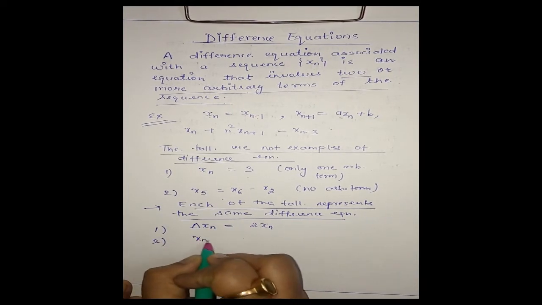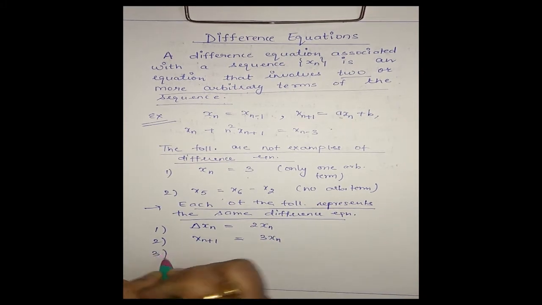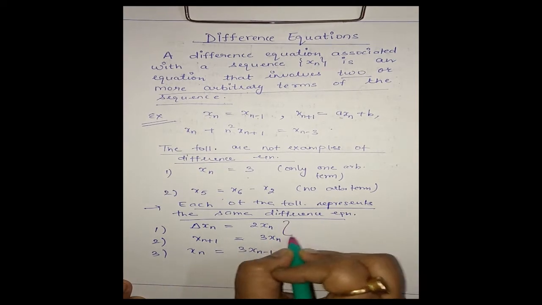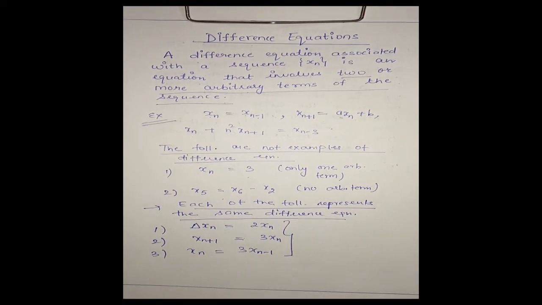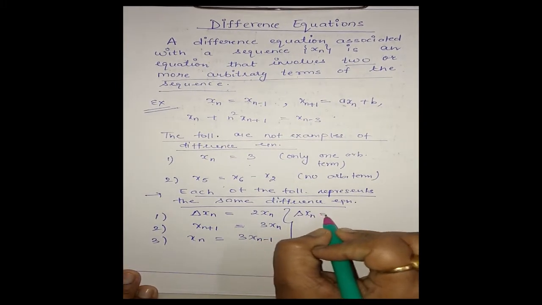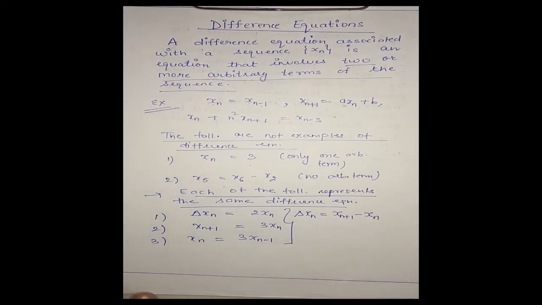Second, xn plus 1 is equal to 3xn. And xn is equal to 3xn minus 1. All these three represent the same difference equation, where delta xn is defined as xn plus 1 minus xn. This is the definition of delta xn.